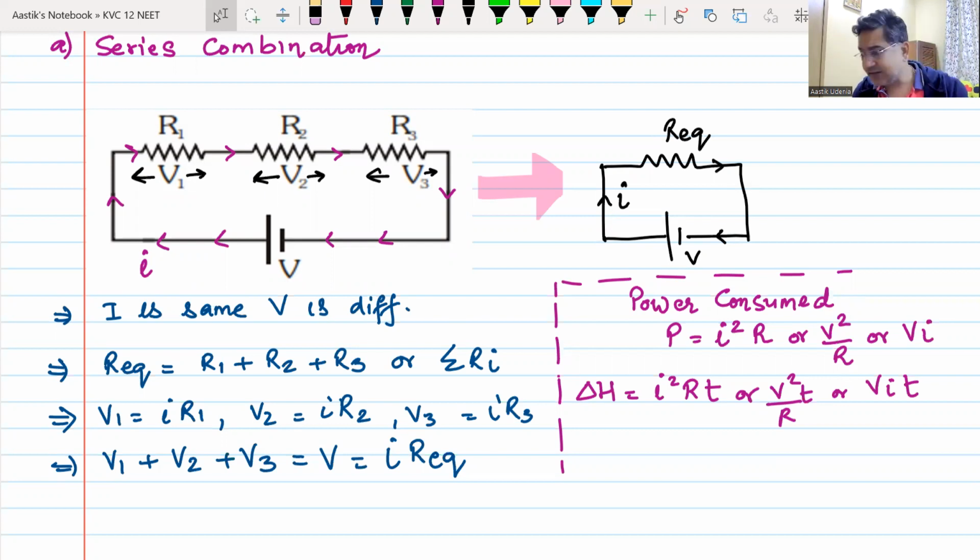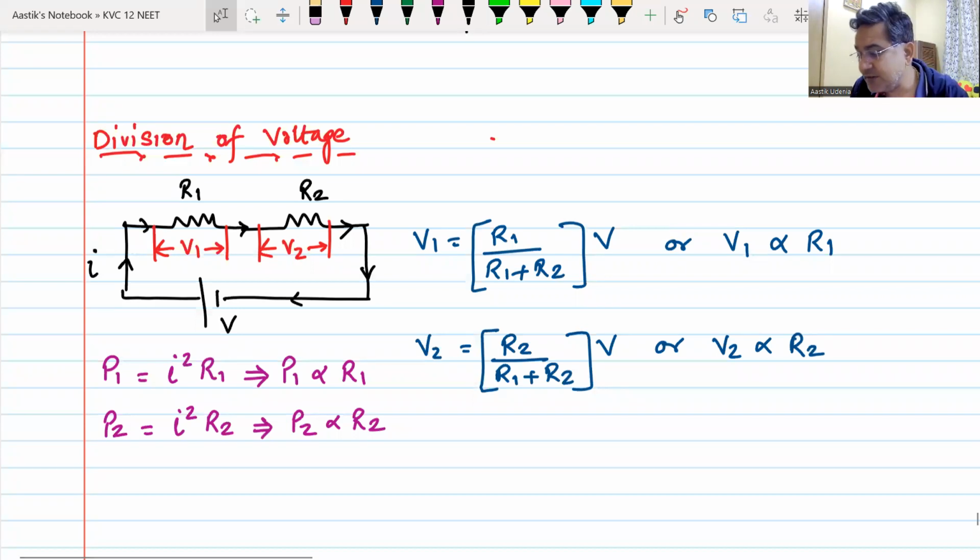In series, current is same, so the resistor which has more resistance will have more power. We had also seen the formula of division of voltage. In a series combination, voltage divides in direct ratio of resistances. Do we remember this, everyone? Yes or no? Yes, sir.